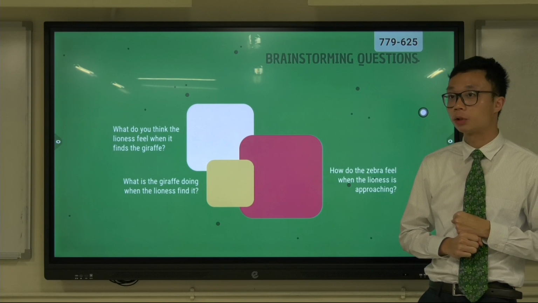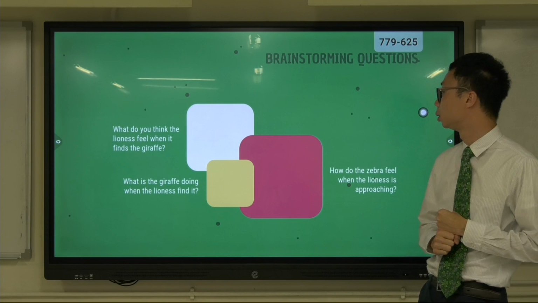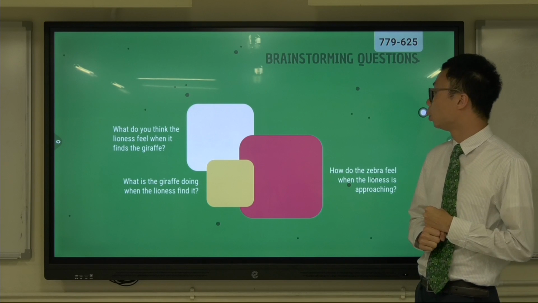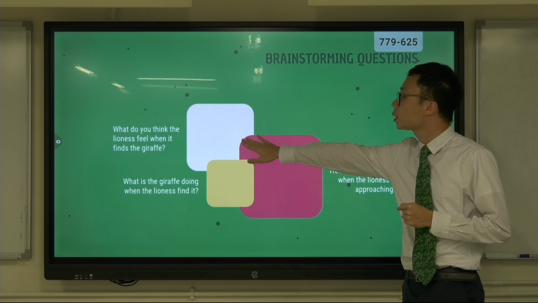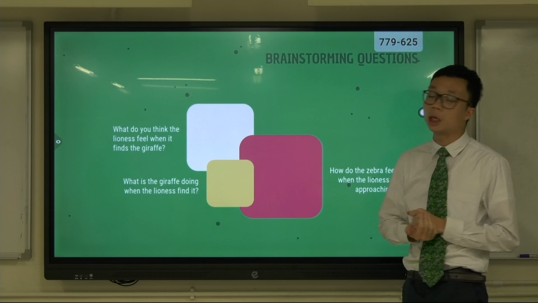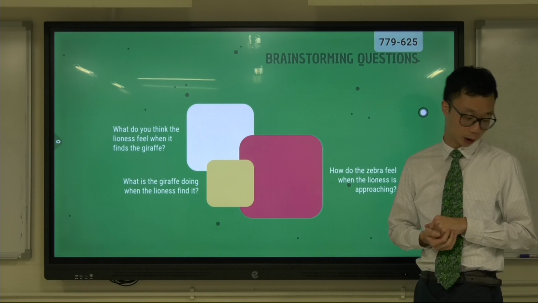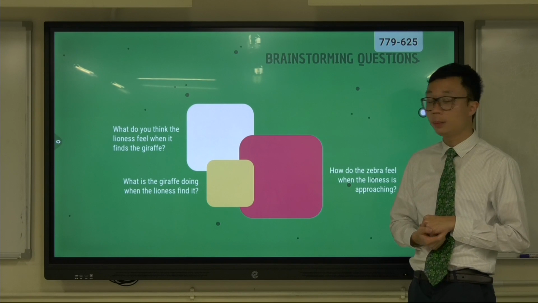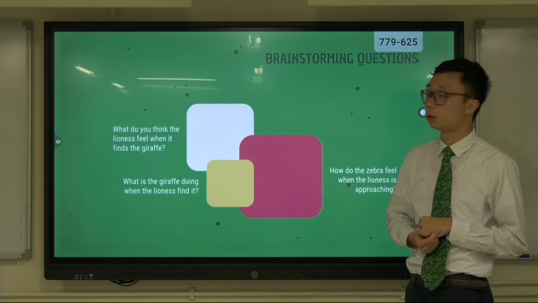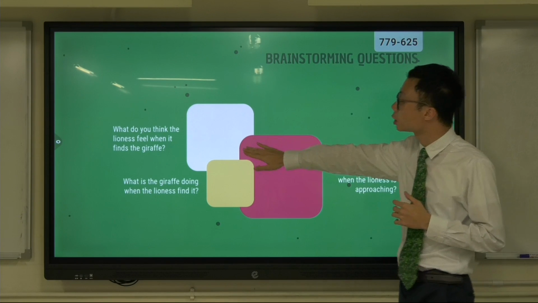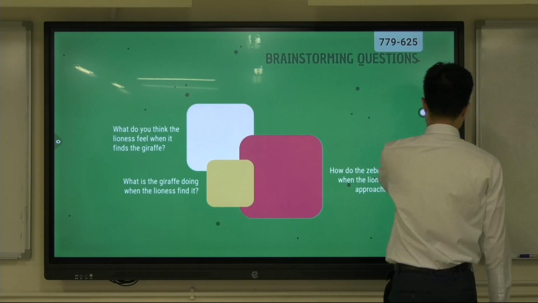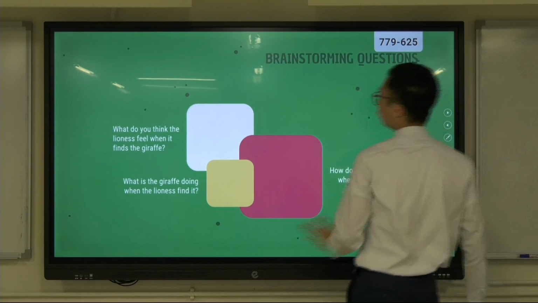Do you think the giraffe is hiding? What do you think the lioness feels? Looks scared maybe? Or relieved? Anything that marks out some of the ideas that you have.